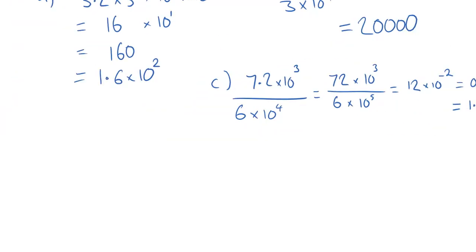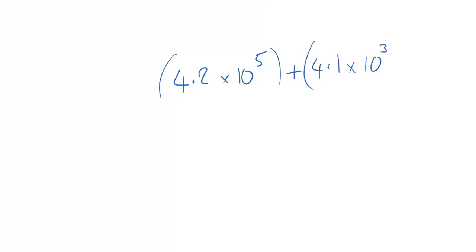Now, let's do one more because we haven't done any subtraction or addition. Let's just try 4.2 times 10 to the 5 plus 4.1 times 10 to the 3. Now, there's no easy, clever way of doing this. We're just going to have to write those numbers out as regular numbers and add them.